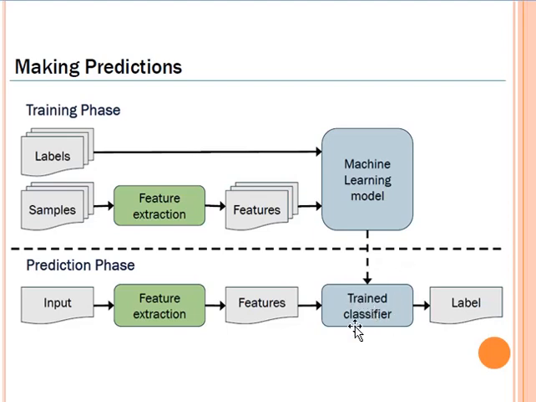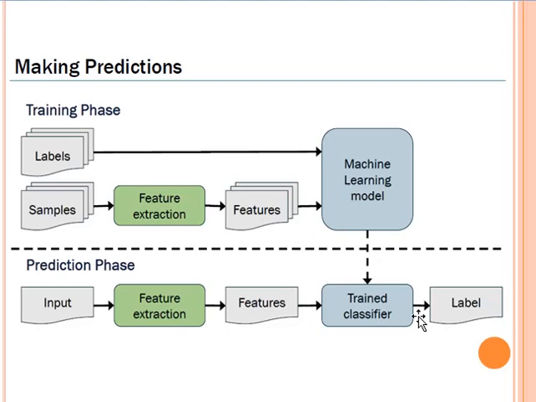So it will use its trained model, in case of a neural network, and then it will give us the prediction of that input sample. For example, if it was a cat, it will tell us that it was a cat. Or on the other hand, if it was a dog, it will tell us that the label of this image is a dog. So this is one simple example.